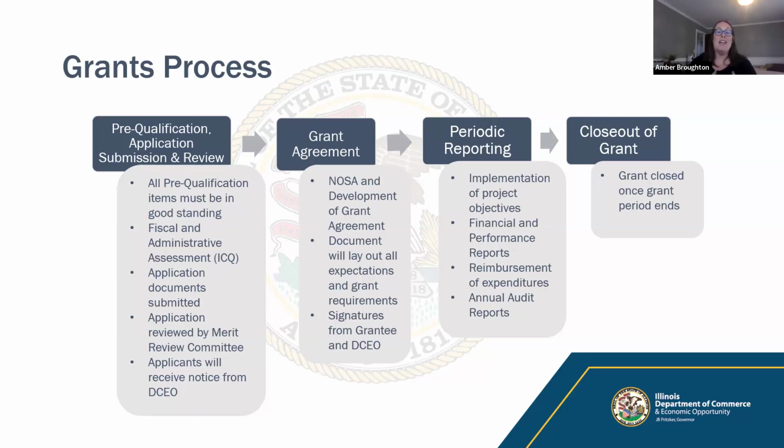You will be assigned a grant manager here at DCEO that you will be submitting documents to unless you're told otherwise. Then you'll be reimbursed for the expenditures that are listed in those reports. Also want folks to keep in mind that annual audit reports will be due in the GATA grantee portal. Then it's the closeout of the grant. So the grant is closed once the grant period ends.